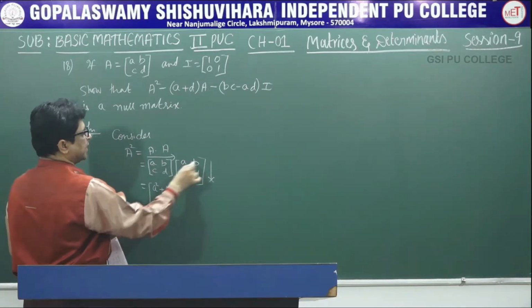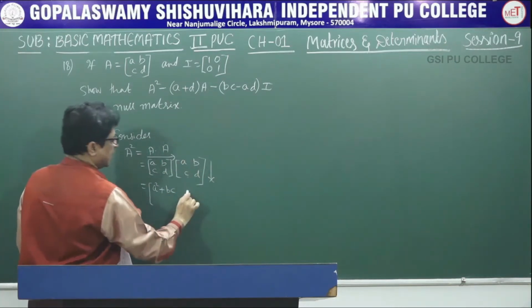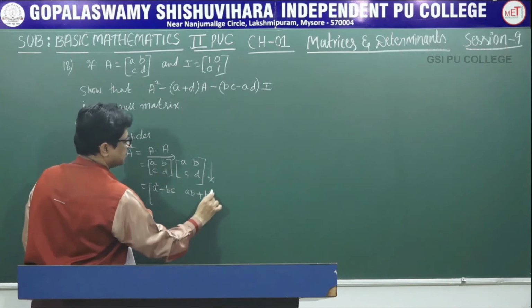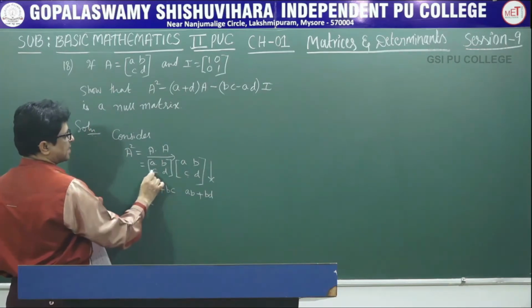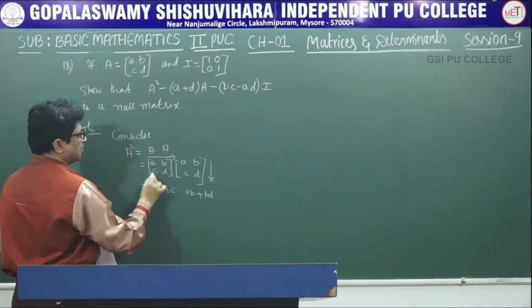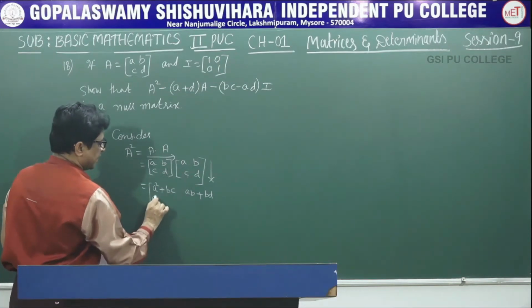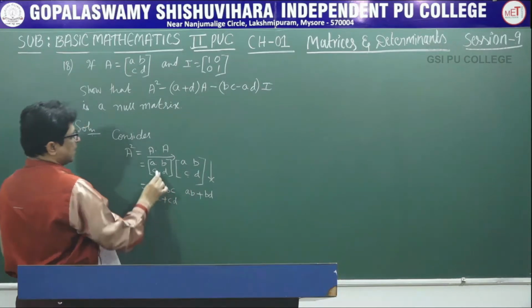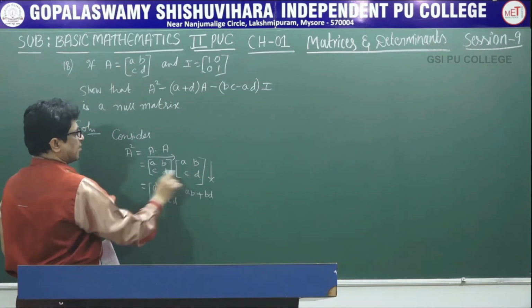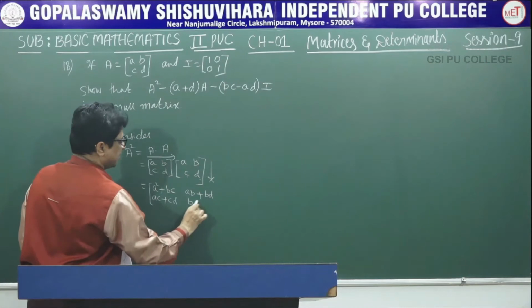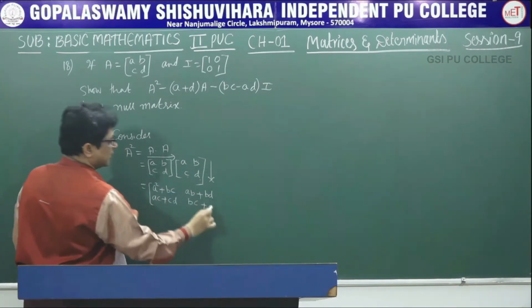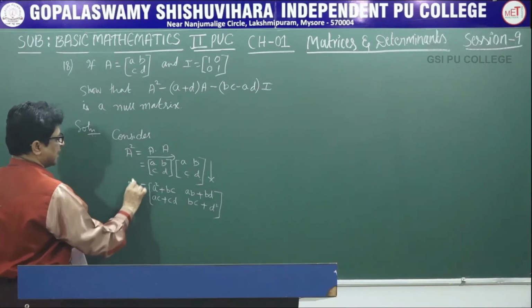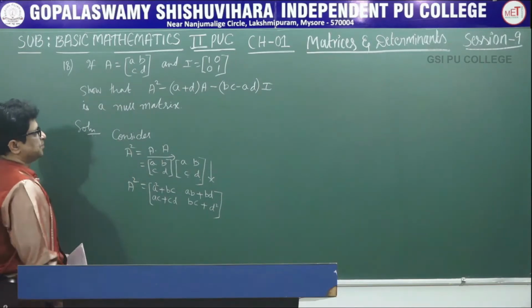Next is first row into second column, A into B plus B into D. Next element is second row into first column, C into A, AC plus D into C, CD. Next, second row into second column, C into B, BC plus D into D, D square. So this is the matrix A square.